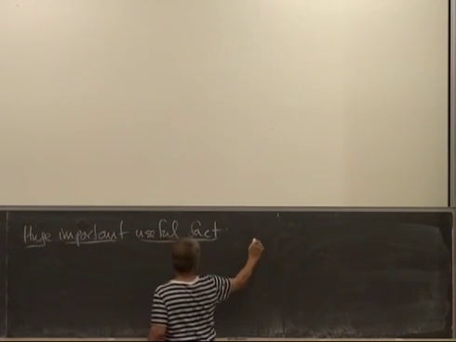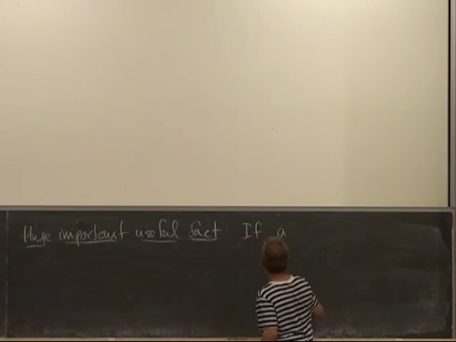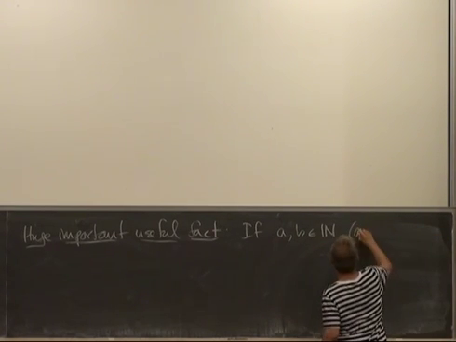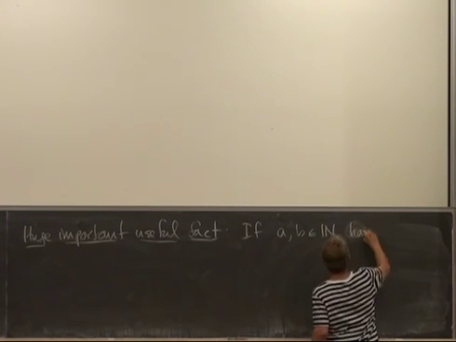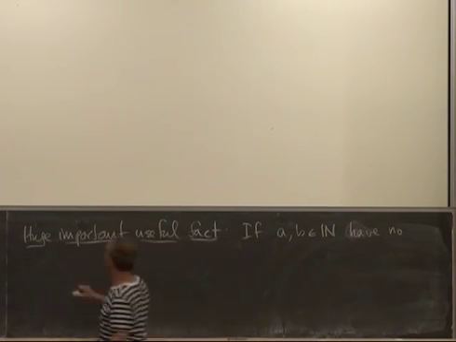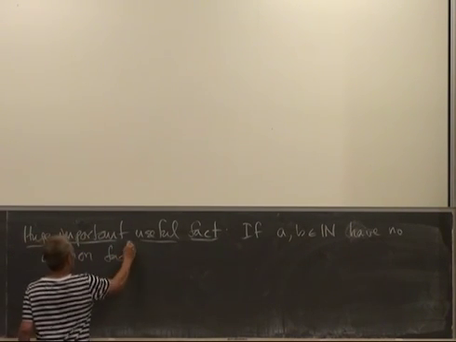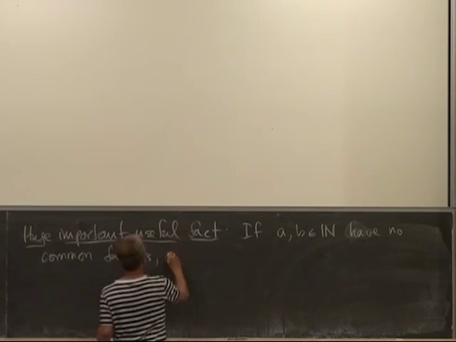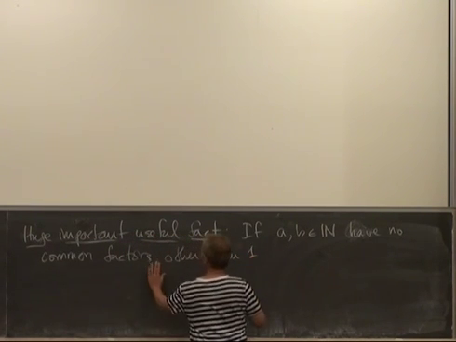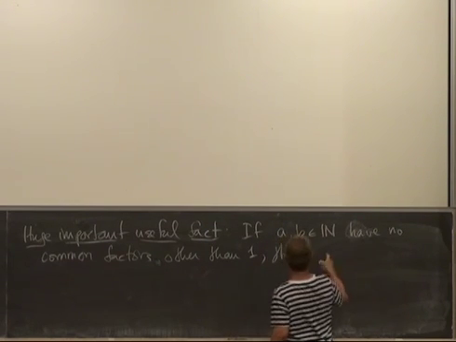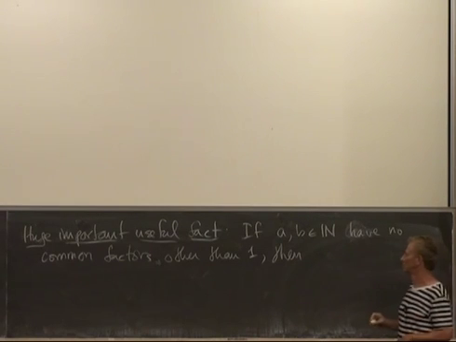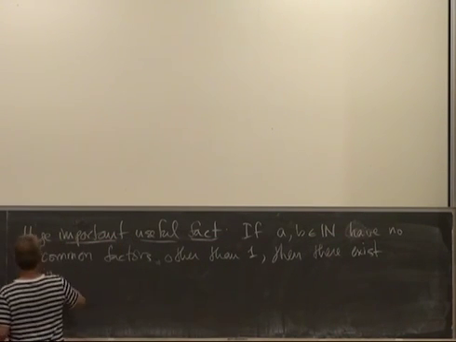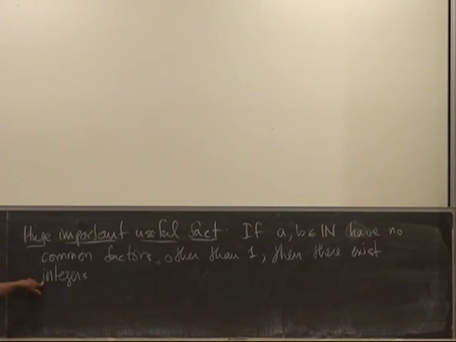And it goes like this. If A and B are in the natural numbers, and they have no common factors, other than 1, of course, because every natural number has 1 as a factor, and I'm using the word factor and divisor interchangeably, by the way, then there exist integers, and we have to be careful here because they're not natural numbers.